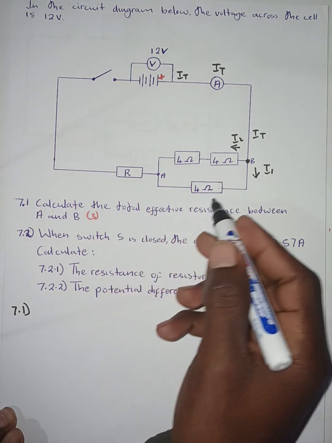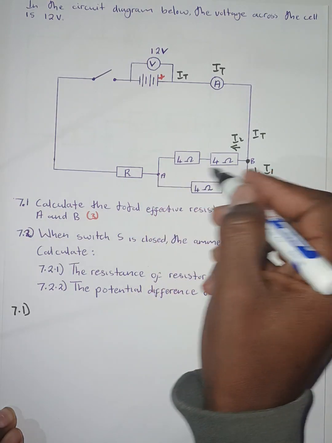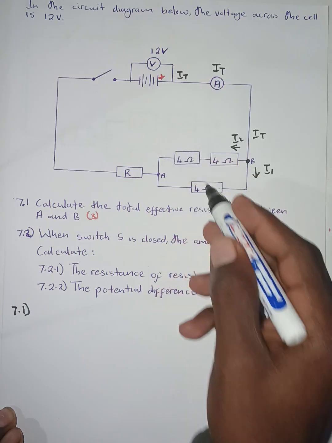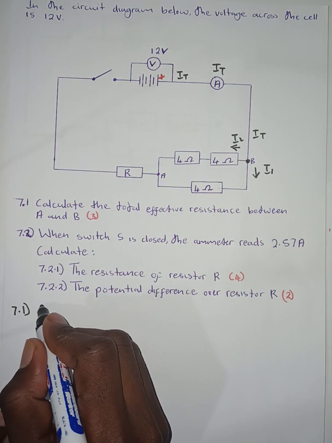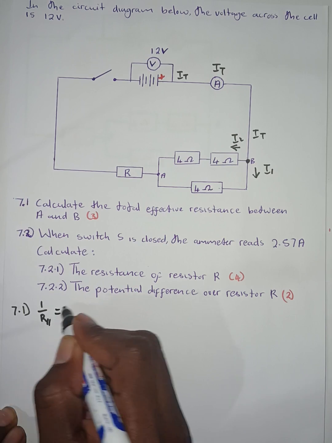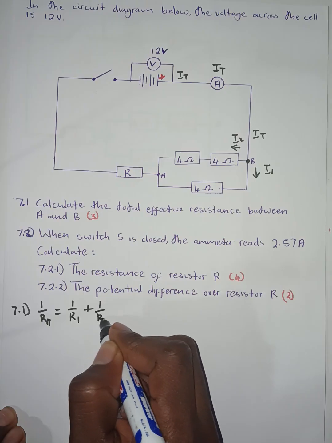So to calculate the total effective resistance across these 2 points, I can note that those are resistors that are parallel to one another, right? So to calculate resistors that are in parallel, I would use 1 over R parallel equals 1 over R1 plus 1 over R2.